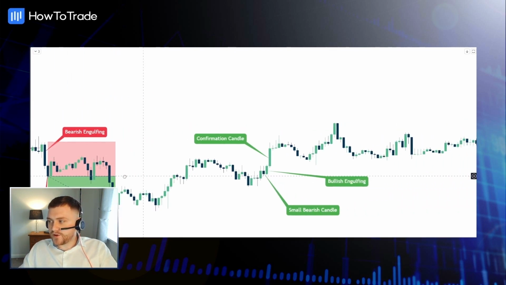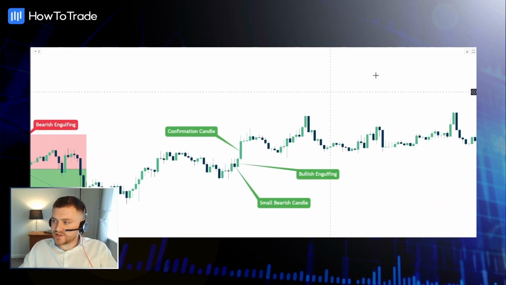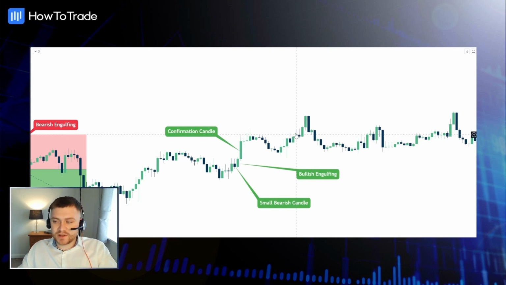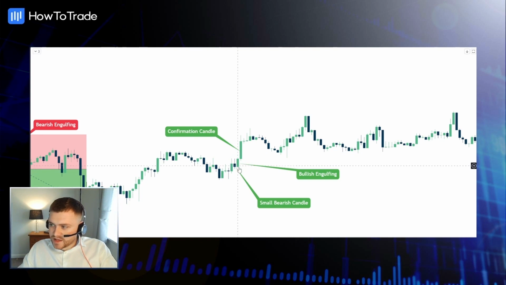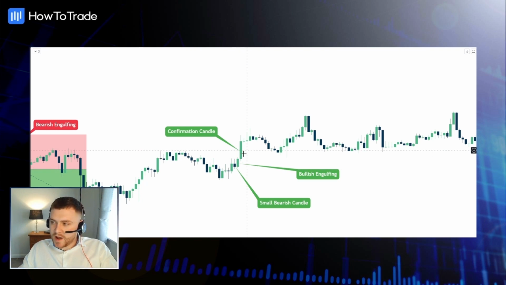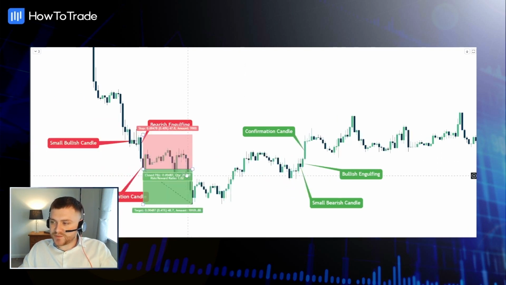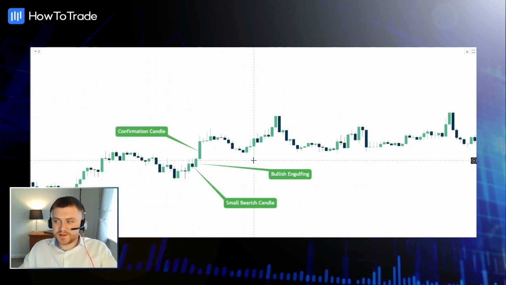And if we scoot across in pretty much the same situation, we can see this bullish engulfing candle coming into play and giving us those quick wins, because we've got this small bearish candle here, then we've got the bullish engulfing which comes after it, which swallows up that candle, and then we have that really nice confirmation where we've had that trend shift to the upside.